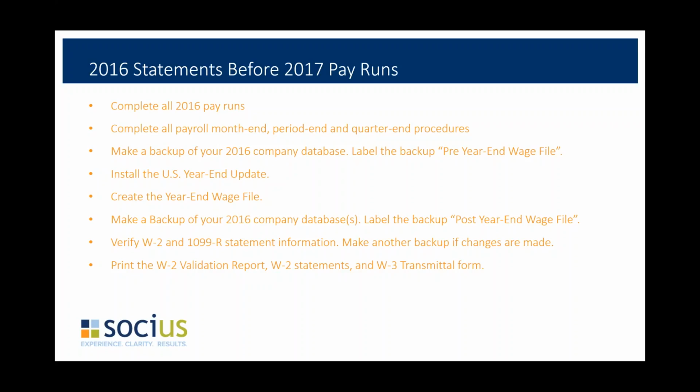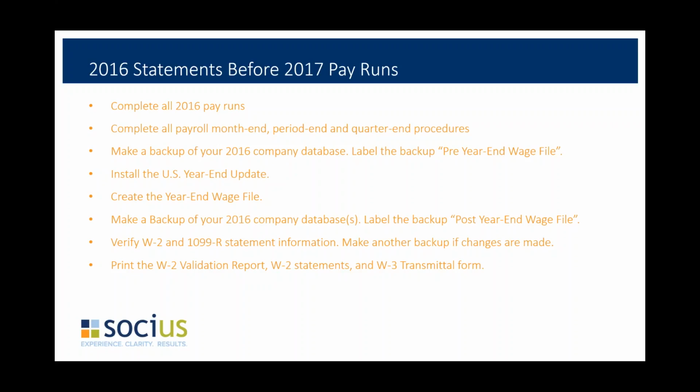Think of the year-end wage file as a file where everything gets transferred for the year that you're ready to close. In other words, in this example, we are going to be closing 2016.